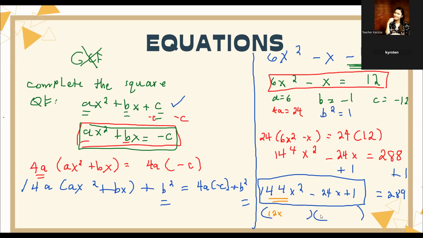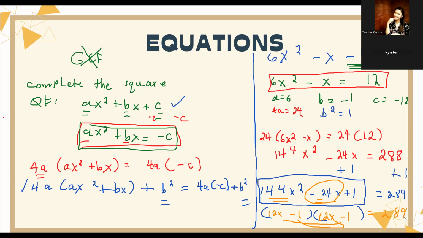So 12x times 12x. And then we want to get 24. So we both want them to be negative 1. Para negative 12x, negative 12x, you will get negative 24x. Kuha. Opo. So these are our factors na.